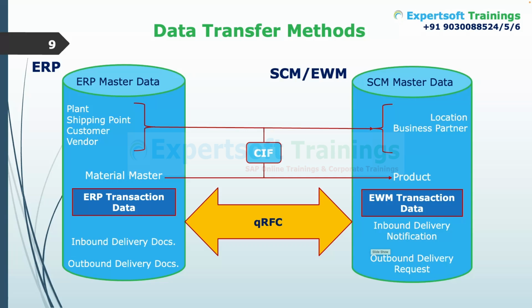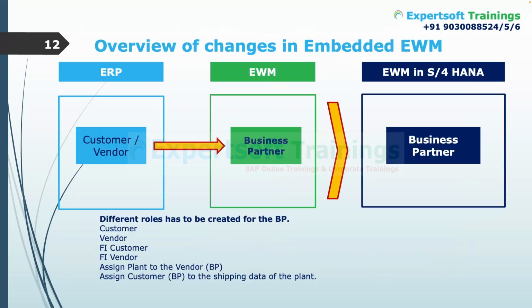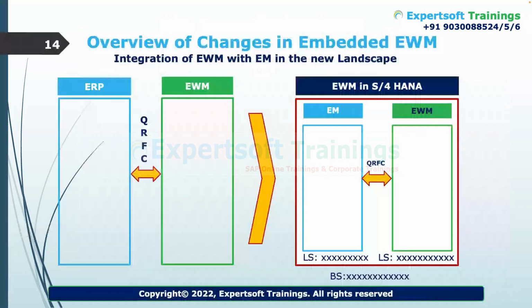So even in S4 HANA, SAP has kept this QRFC. Is there any logic? Because obviously we have the same master data in the same system, and the same transactions are happening.